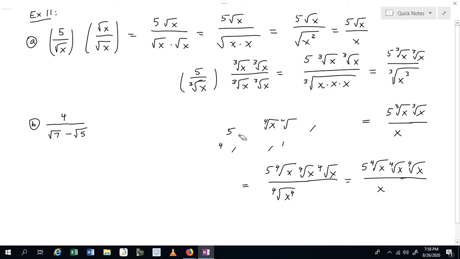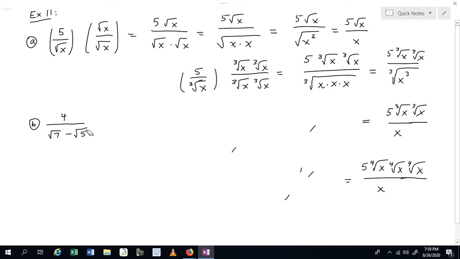So what we're going to do in this case is multiply the bottom here by the conjugate of this denominator. Okay, of this square root of 7 minus the square root of 5, we're going to multiply this by its conjugate. Now you may or may not remember the conjugate.